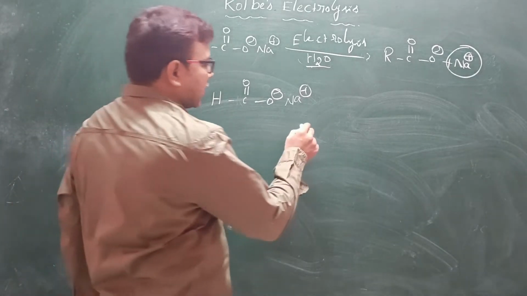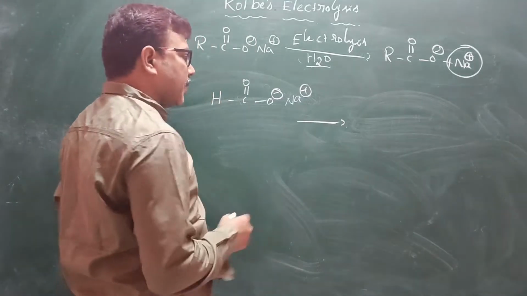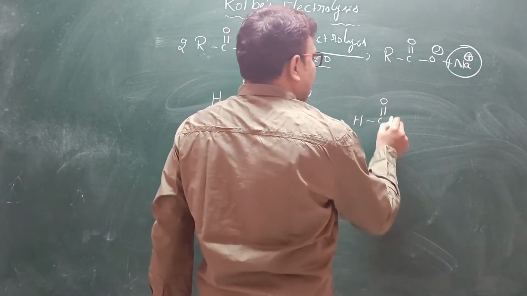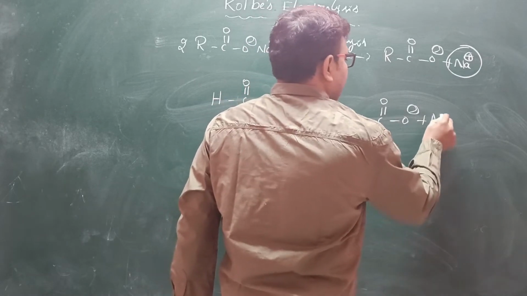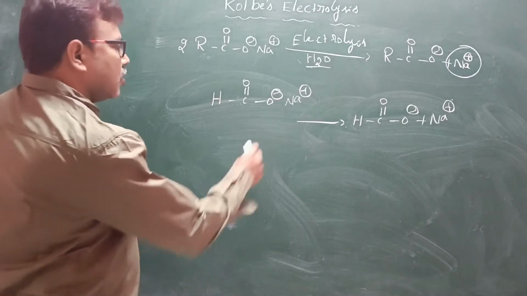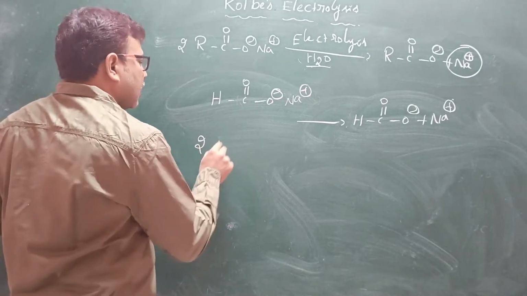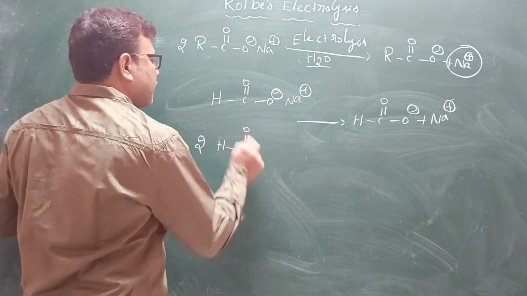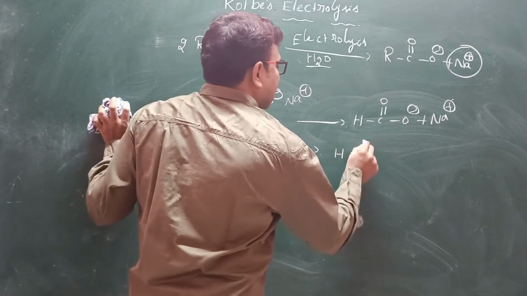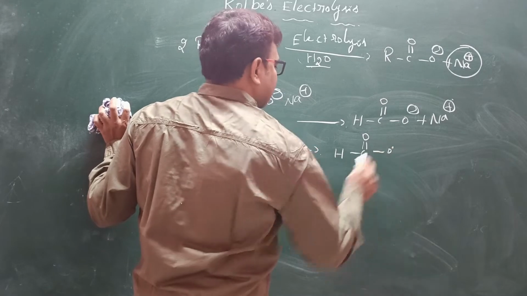Now here, you already know the reaction mechanism. It undergoes ionization. This formate anion undergoes oxidation, losing one electron to give an HC double bond O free radical.